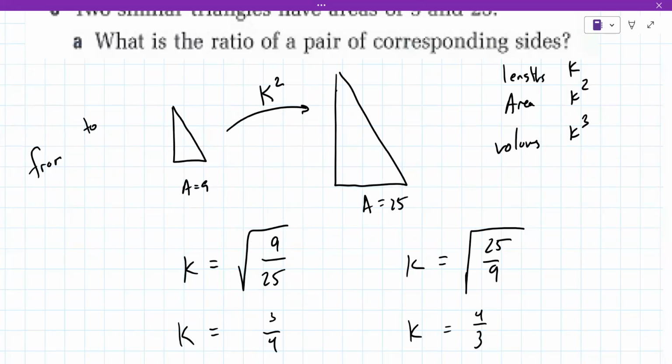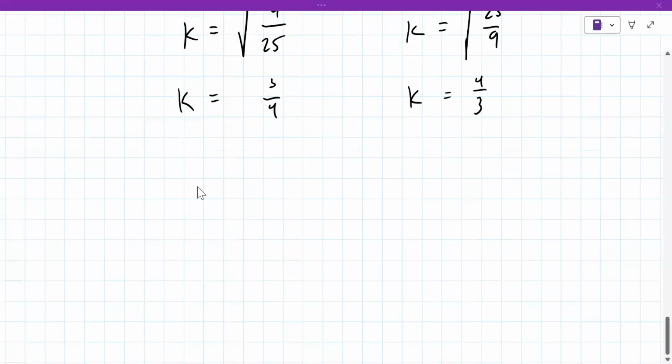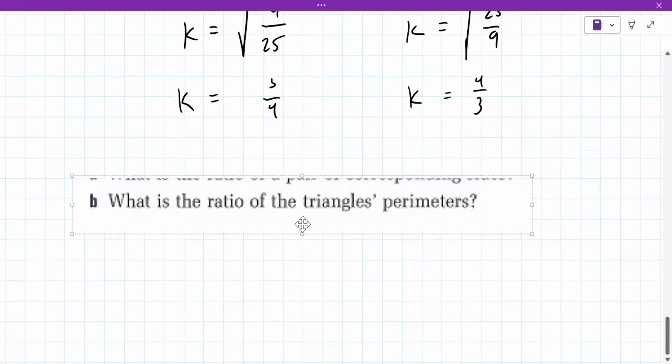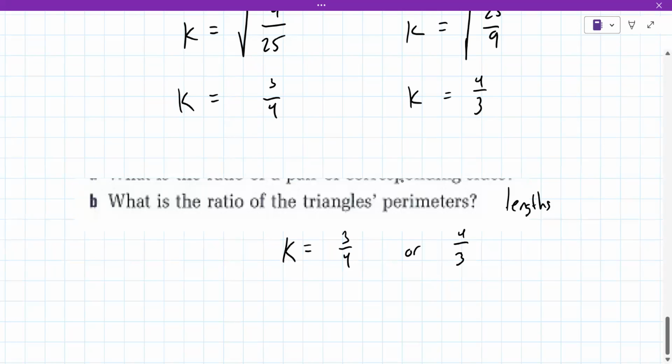All right. So the next question here, part B, it asks about the ratio of the perimeters. The perimeters are lengths. So the lengths are going to be the same ratio, either the 3 over 4 or the 4 over 3.